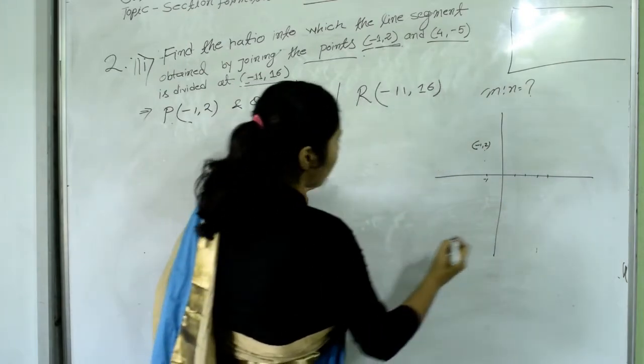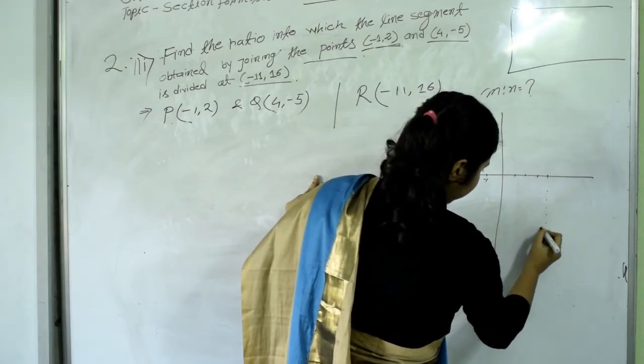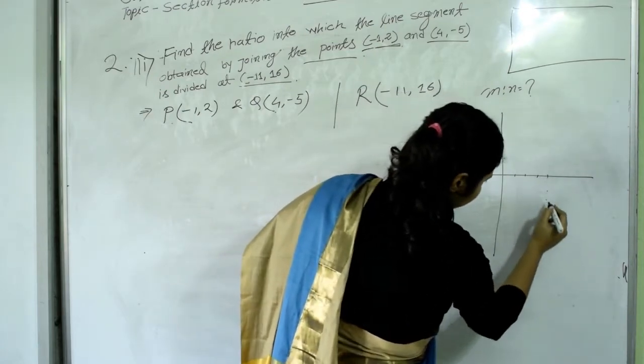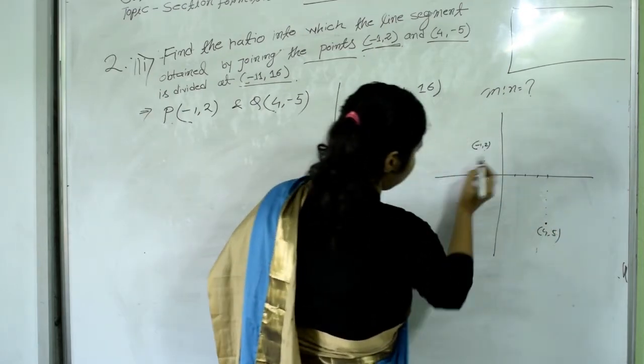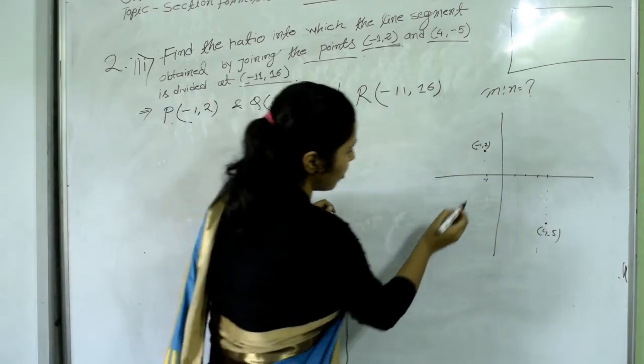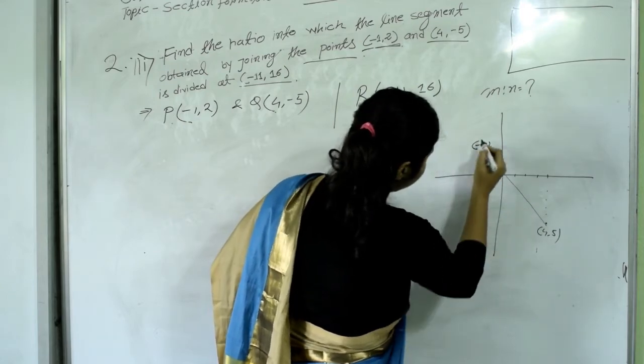Okay, 4, -5. 1, 2, 3, 4, 5. Suppose this is 4, -5. This point, and this point is -1, 2. Now draw line segment PQ.